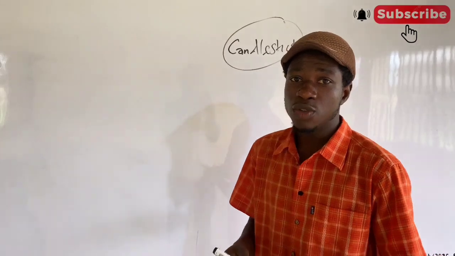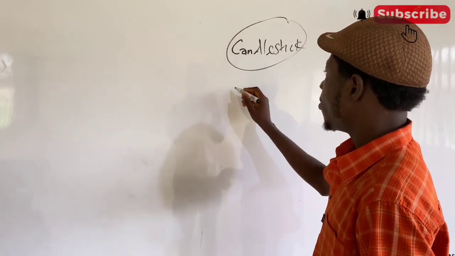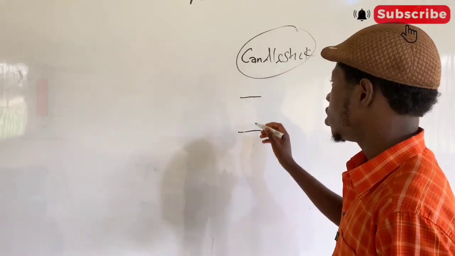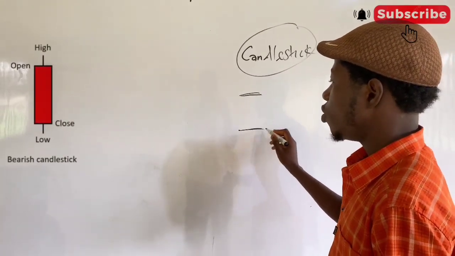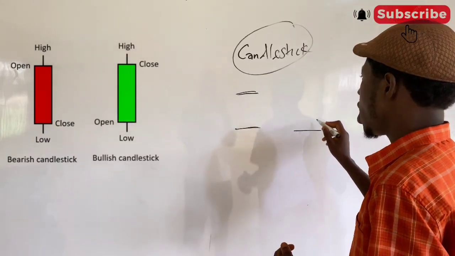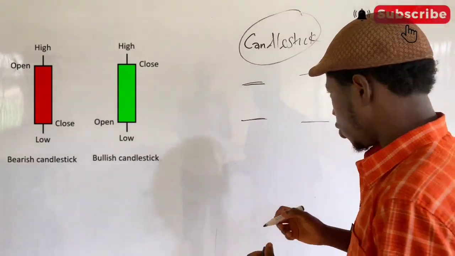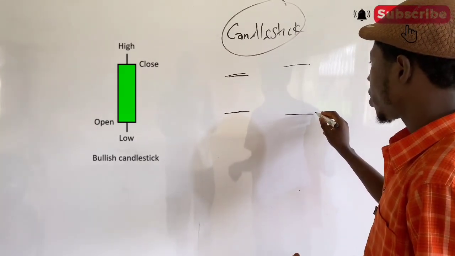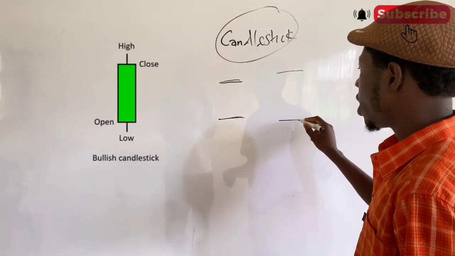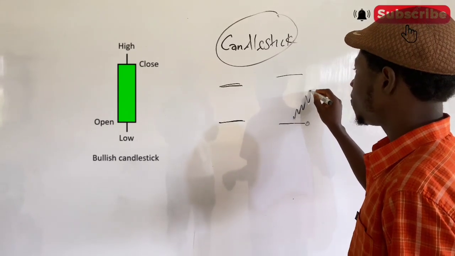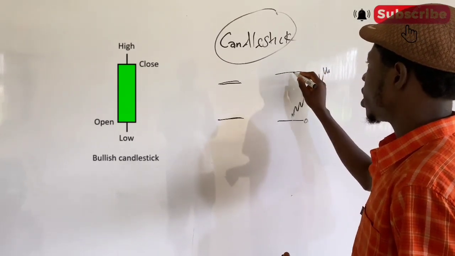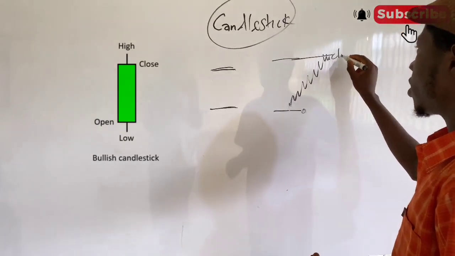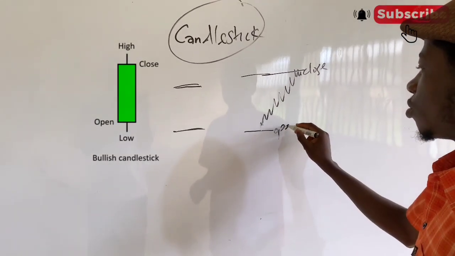Now the bearish candlesticks open above and close below, while the bullish candlesticks open below and close above, right? So for a bullish candle, the open price is below, and wherever it trades to, if it trades and closes here, this is the closing price, and this is the open price.